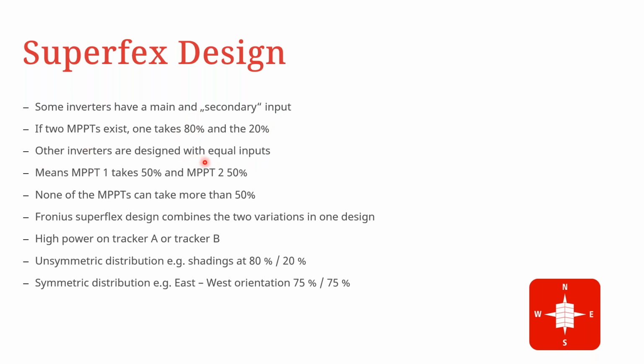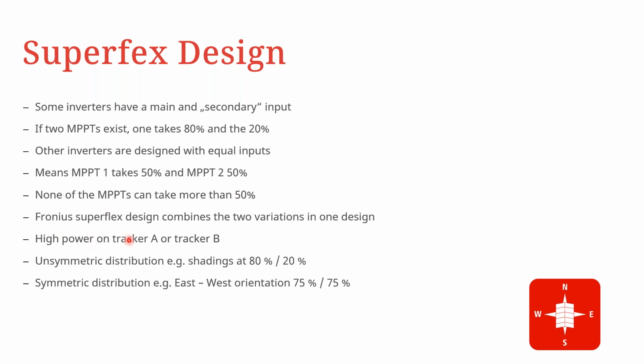Other inverters are designed with equal inputs. That means your MPPT1 takes 50% and your MPPT2 takes 50%. So neither MPPT can carry more than 50% of your total PV array. Whereas the Fronius Superflex design combines the two variations into one design.